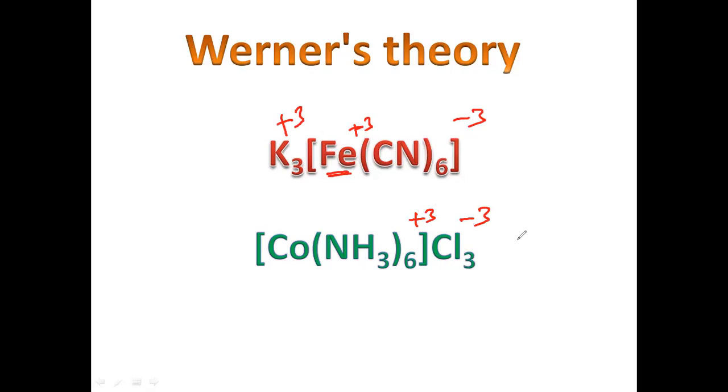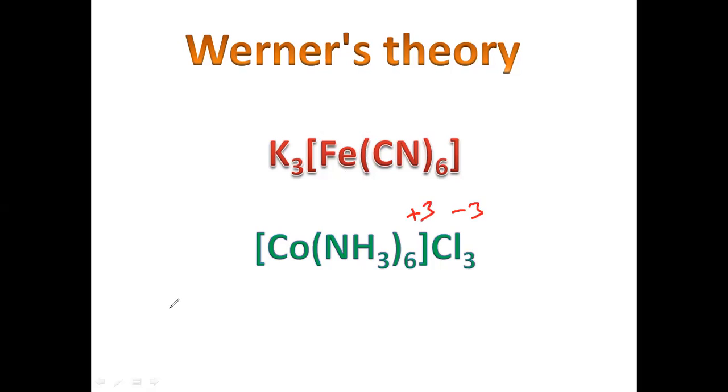That means if the 3 chlorines were not there, how can we say the charge of this particular complex, and how can we calculate the oxidation state of cobalt here? I already told you the calculation of oxidation state. Let us take it like this. If chlorine is -1, and 3 are there, that means -3, so it is +3.